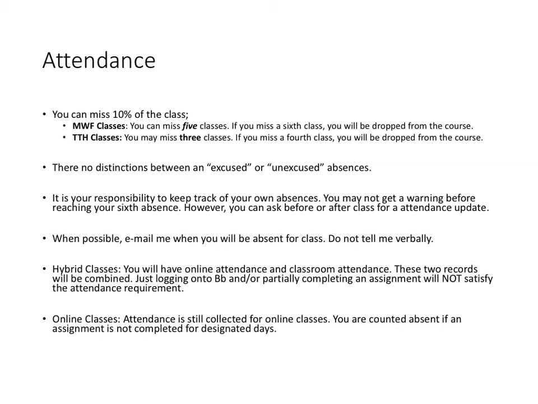If it's a Tuesday, Thursday hybrid class, then you get 3 absences, which means if you miss 1 seated class, that's an absence. If you miss an assignment online on a Tuesday, for instance, that's an absence. So they combine. Just logging into Blackboard or partially completing an assignment will not satisfy the attendance requirement for the online portion.